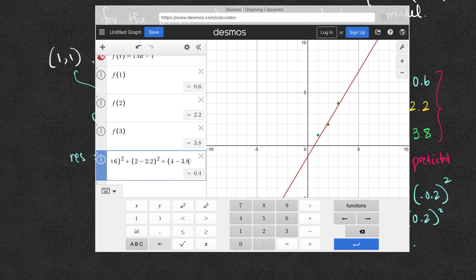This is the y value minus the predicted value 3.8. Square this. We obtain the sum of squares 0.24.